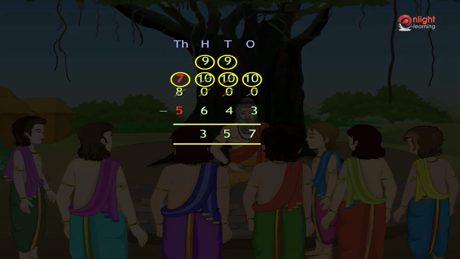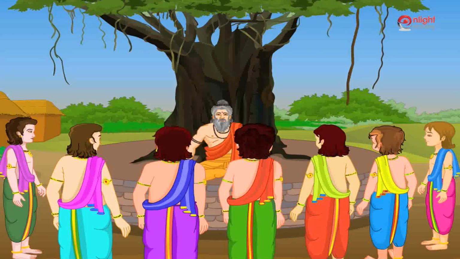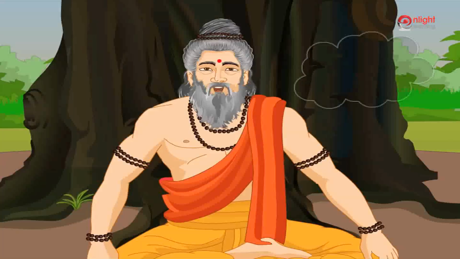Now in thousands place we have 7 and 5. Subtracting 5 from 7 we get 2. Therefore the difference between 8,000 and 5,643 is 2,357.